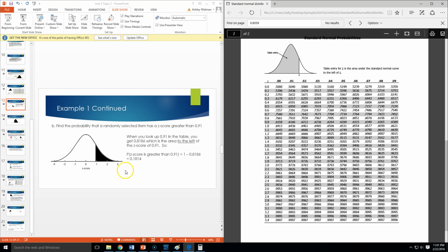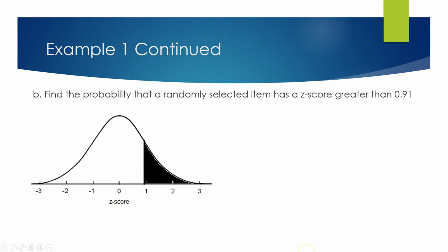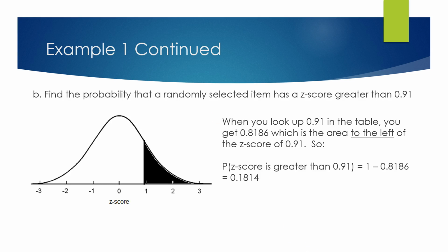And we want a positive 0.91. So 0.9, and then 1 is going to get me 0.8186. This is going to be the non-shaded area. So in order to get the shaded region, we need to do 1 minus that. And that's how it will work every time. If you get something that you don't want and you want the whole other part of the distribution, you're going to do 1 minus that value.